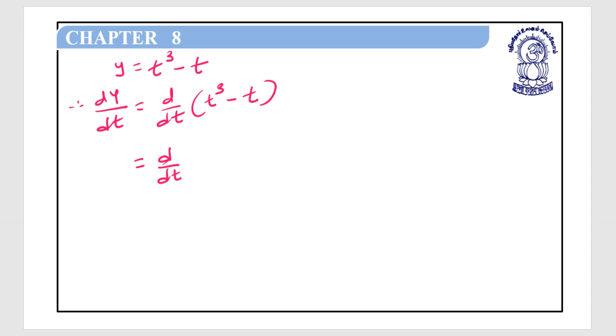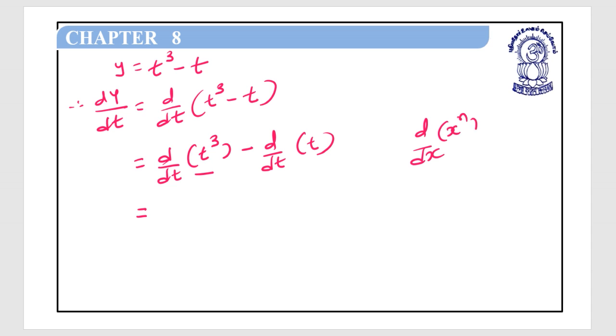D by dt of t cube minus d by dt of t is equal to 3t square, again d by dx of x raised to n is n into x raised to n minus 1, formula. So 3t square minus, dt by dt is 1.